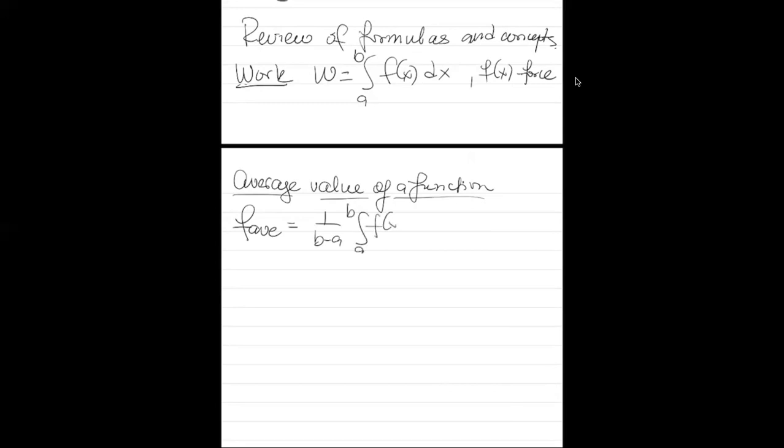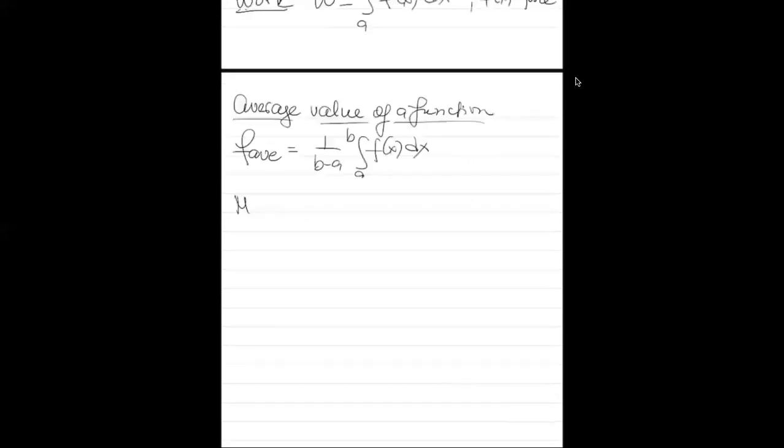Then we had the mean value theorem for integrals. So it goes like this.